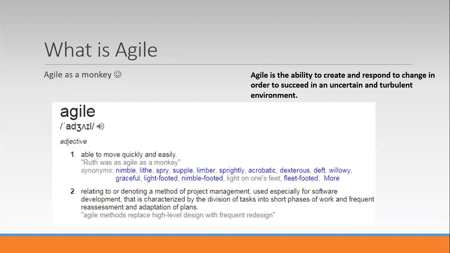So Agile is the ability to create something very fast and respond to the changes according to the need of the industry. It's not about the typical waterfall method, which used to be linear, where we used to freeze our requirements, our FRS and SRS and different documentation.